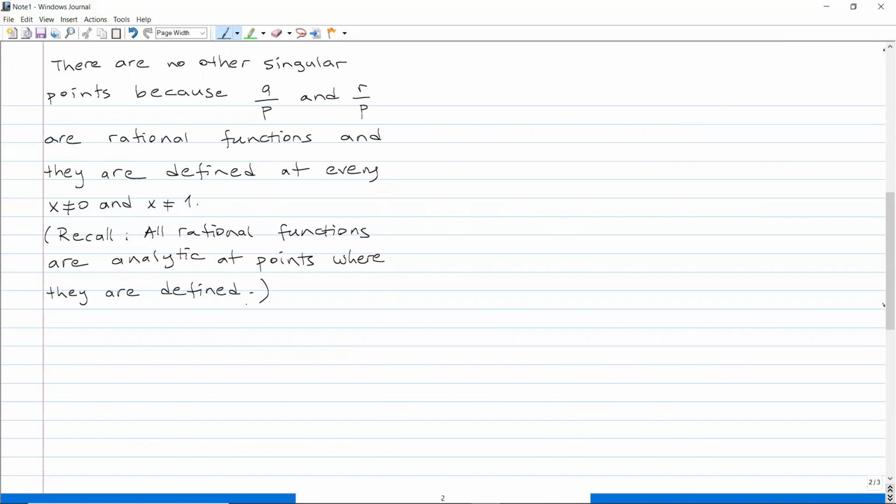Okay, so we have two singular points. Now we need to check whether they are regular or not.